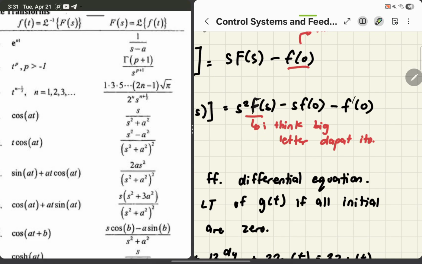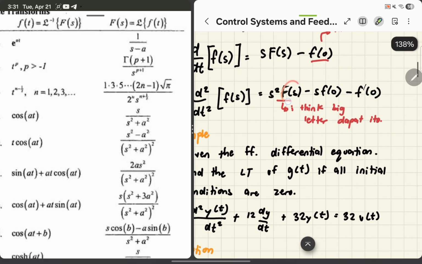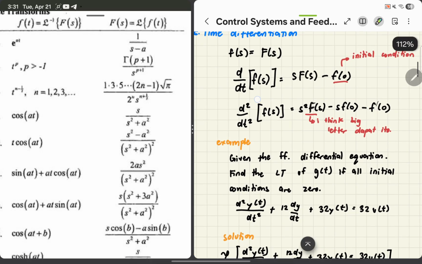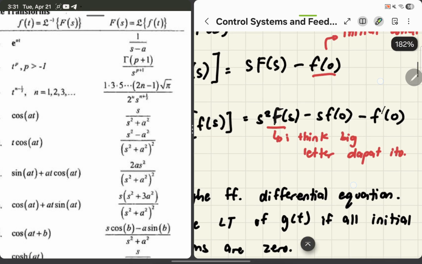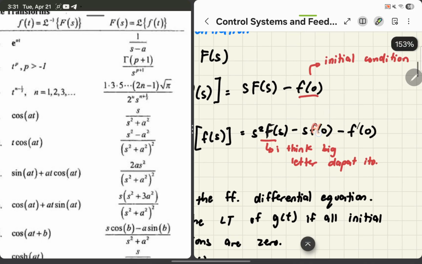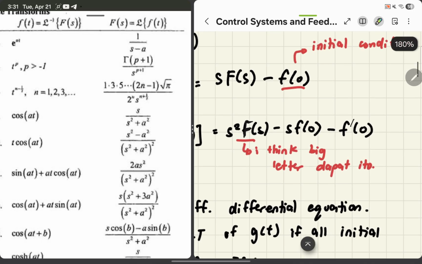And then it became the initial condition f of 0, and from that, we will have f prime of 0.